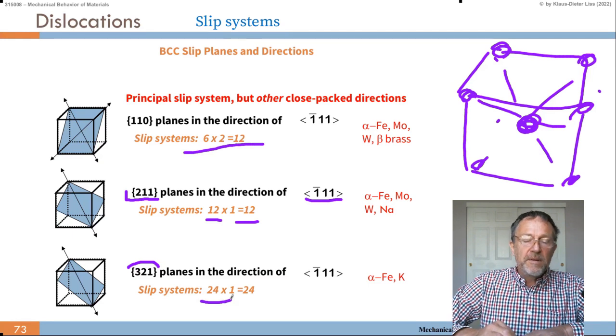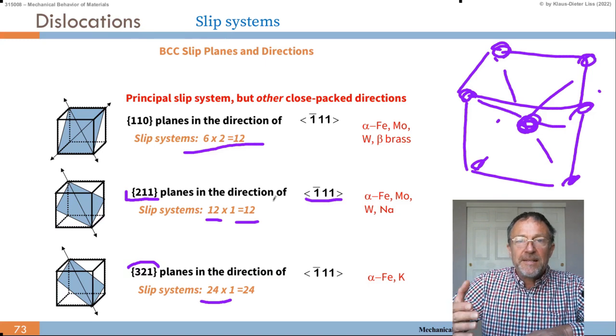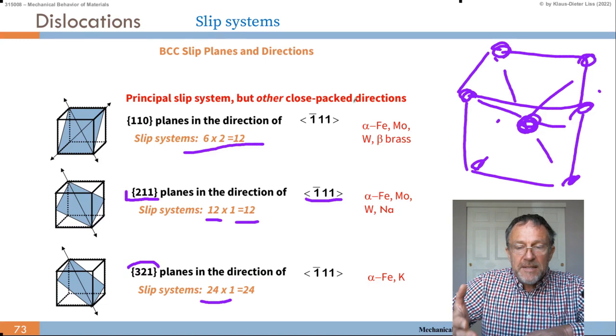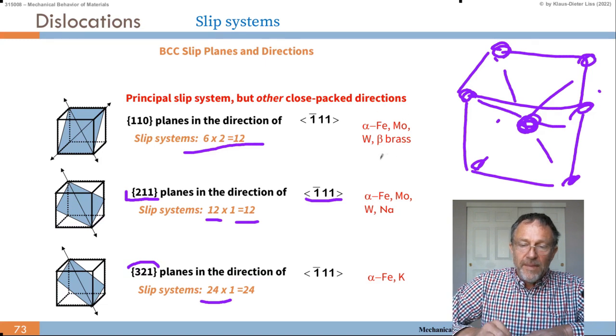Which one is activated depends on some activation energy, which one is easier, depends on the temperature, but also on the bonding of the atoms in that system.